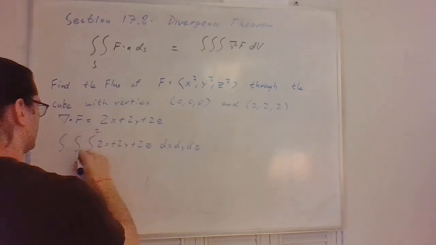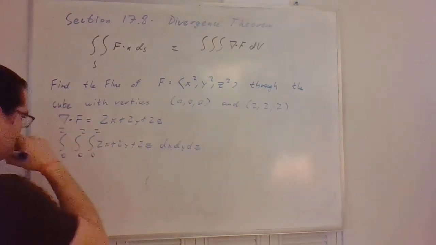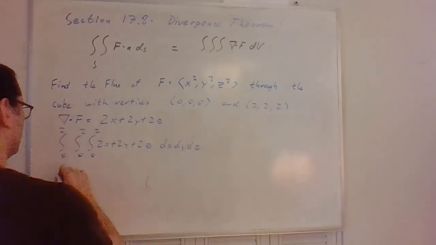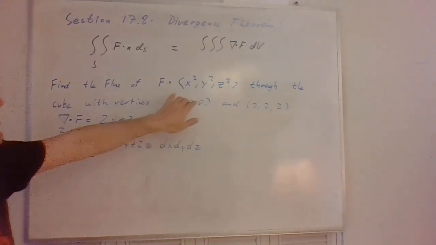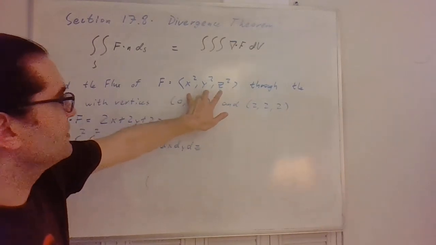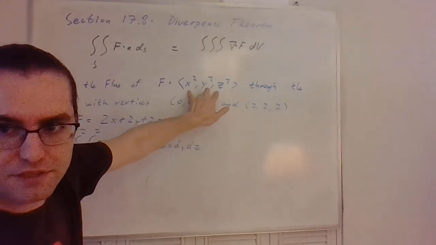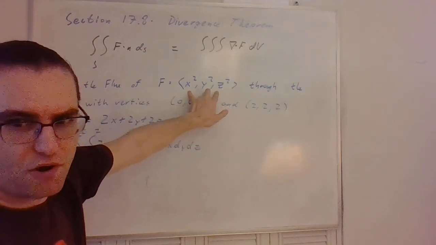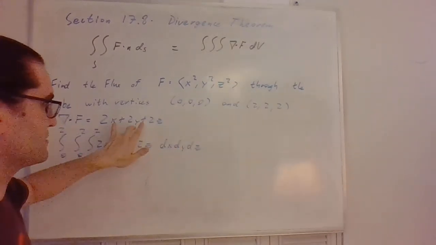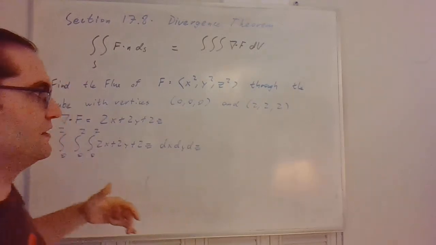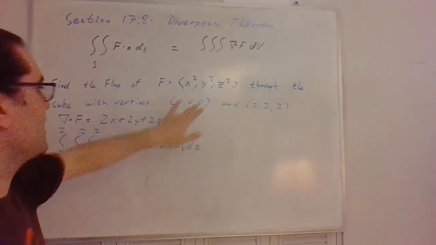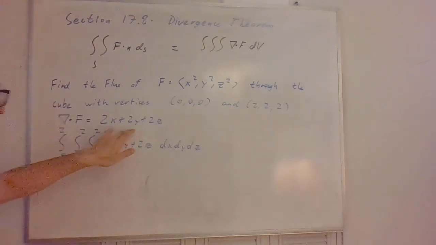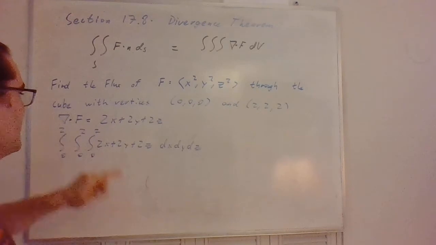And all of these go from 0 to 2. I deliberately made this vector field actually interesting for this example. I think almost every vector field in the homework, once you take the divergence, is just going to be a constant. And I didn't want constant divergence to be the only exposure you had to this. So I wanted to do something with some variables involved at some point.